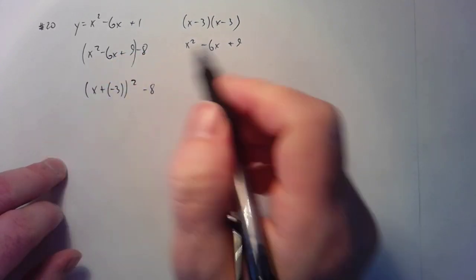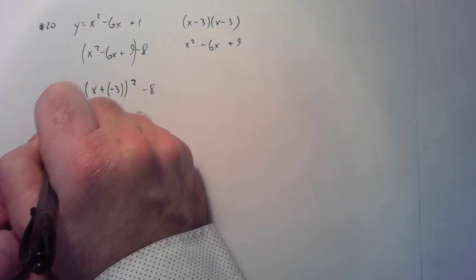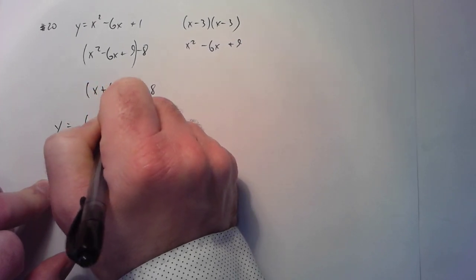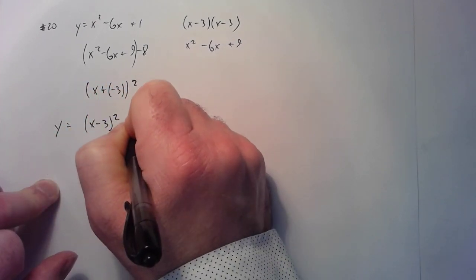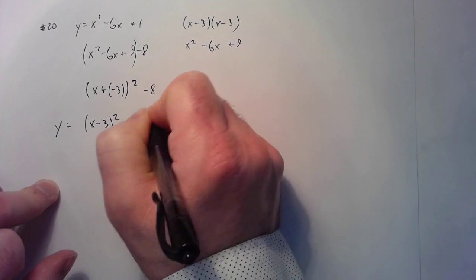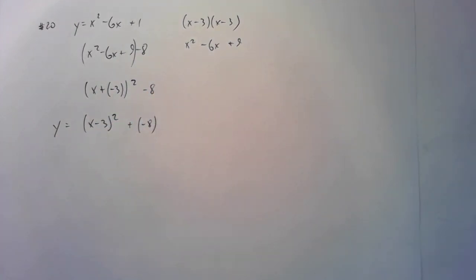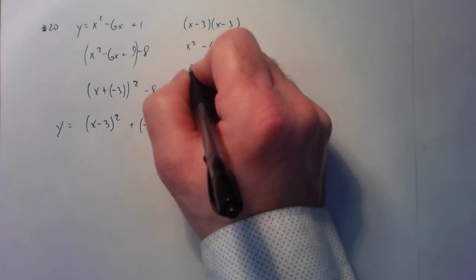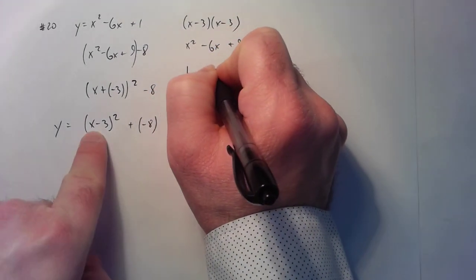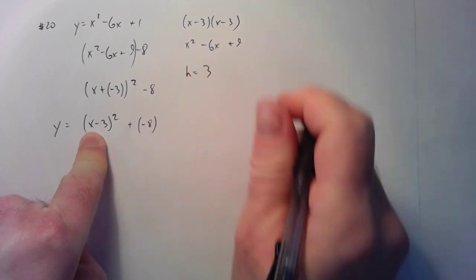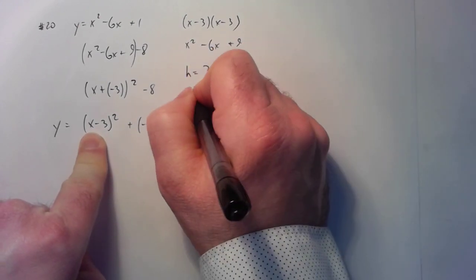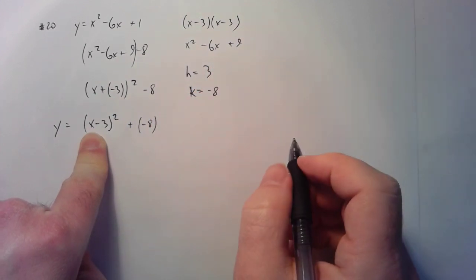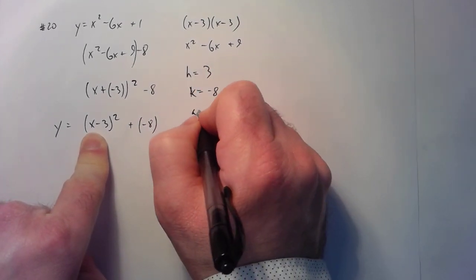Notice there's nothing in the front of it, right? So in vertex form, it's y equals (x minus 3) squared plus -8. I'll do that because it's supposed to be plus k. So we got our values, okay? h is equal to 3, not -3, it's equal to 3. k is equal to negative 8, and a is equal to 1.